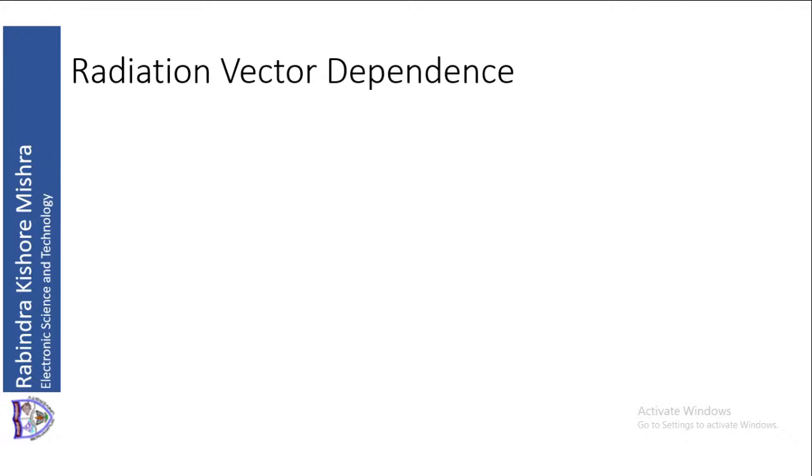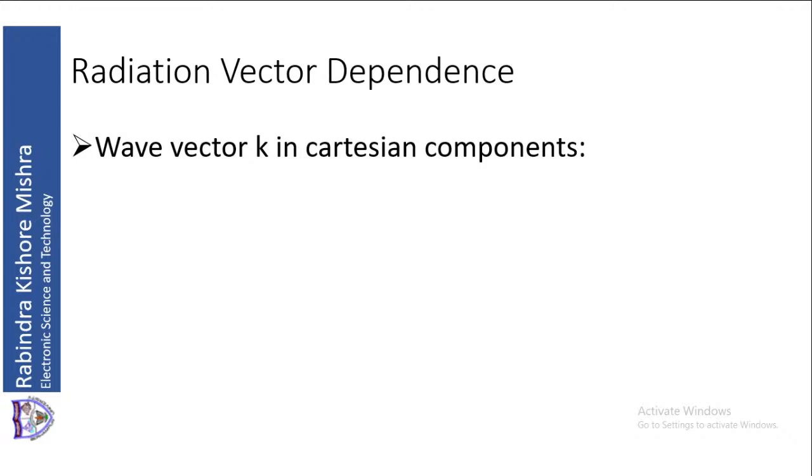Now, what does the radiation vector depend on? What are the factors on which it will depend? First, we saw last time that the radiation vector depends on the wave vector k, and the wave vector k in the Cartesian coordinate system is given as k r cap, that you can write as x cap kx plus y cap ky plus z cap kz.